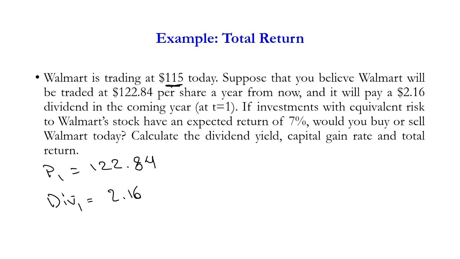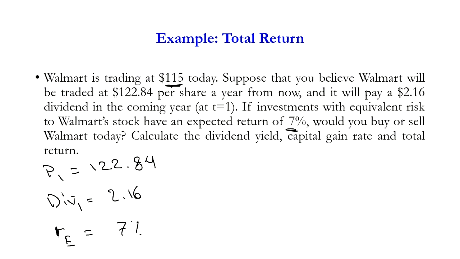If investments with equivalent risk to Walmart stock have an expected return of 7%, would you buy or sell Walmart today? This phrase says that this 7% is the equity cost of capital. So the equity cost of capital is 7%.